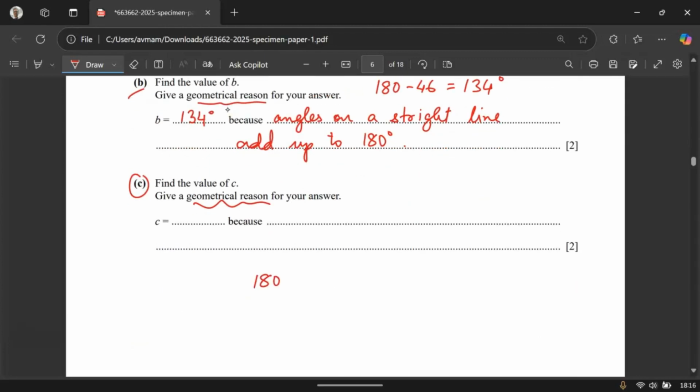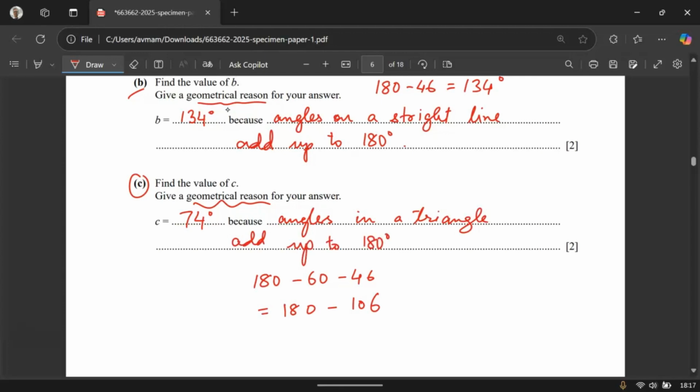So 180 minus 60 minus 46 will give you 180 minus 106, and that will give us 74 degrees. So C equals 74 degrees because angles in a triangle add up to 180 degrees.